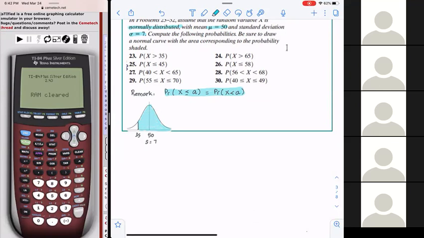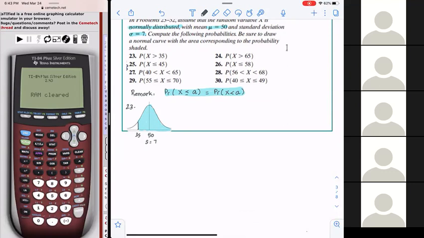Even before we start the problem, I know something about the answer. The answer has to exceed 50%. It is obvious because I know the area above the mean is 50. So the answer definitely has to be over 50%. Let's see if that is true.